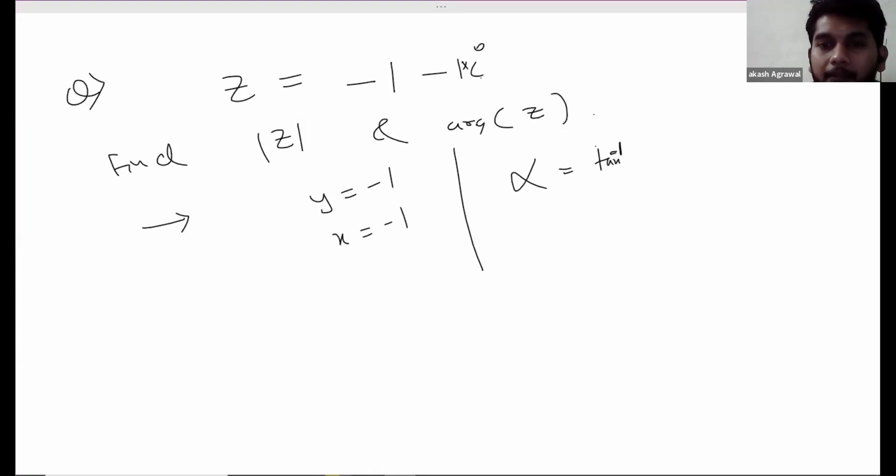This is tan inverse. Okay. Tan inverse of -1 by -1, which is -1. -1 by -1 is minus plus 1. Okay.